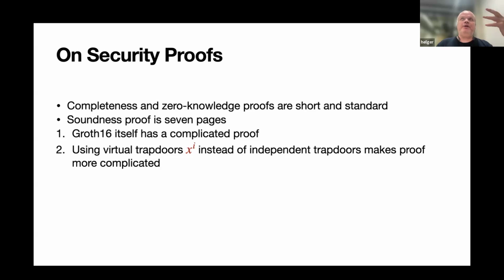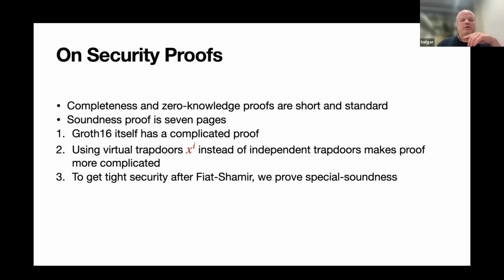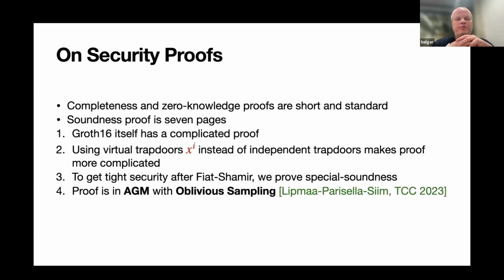Now, because we replace independent random variables with the power of a single variable x, this complicates the proof a lot. Then to get tight security after Fiat-Shamir, we prove special soundness, which makes it a bit longer. And then finally, our proof is in the AGM, algebraic group model with oblivious sampling.